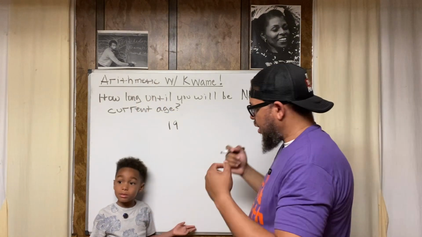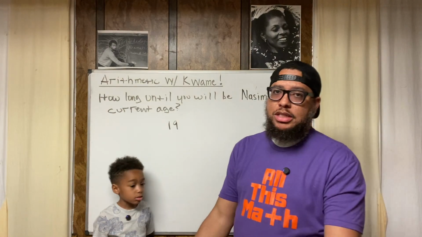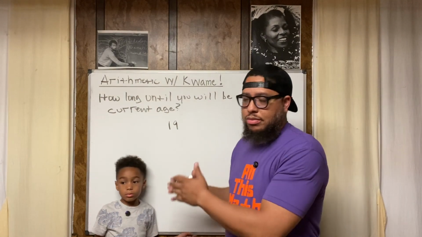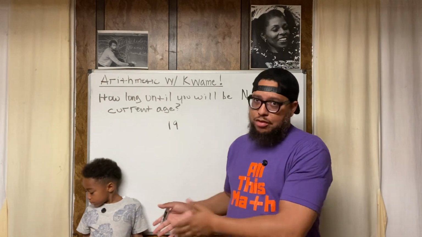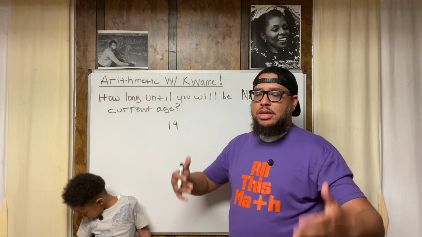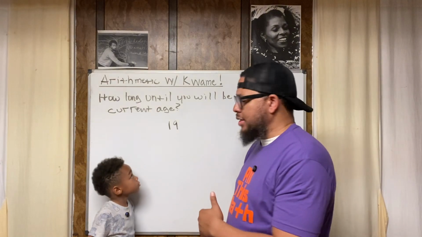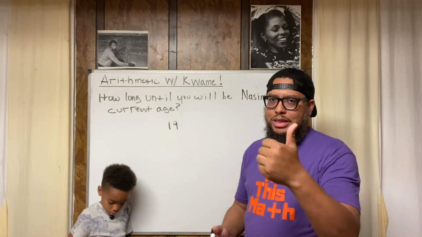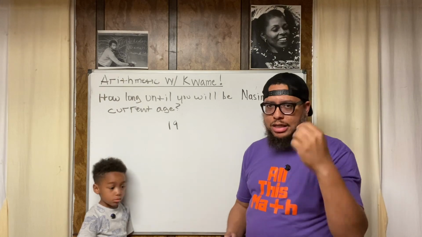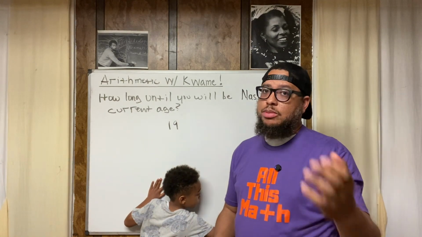Now, how old are you right now, Kwame? 6. Right. So you see how we take information from his lived experience, his life right now, and I'm using it to create a math word problem, so we can practice with solving math word problems. But then we've got to ask, what operation should we do? Should we do addition, 19 plus 6, multiplication, 19 times 6, 19 divided by 6, or should we be doing subtraction?